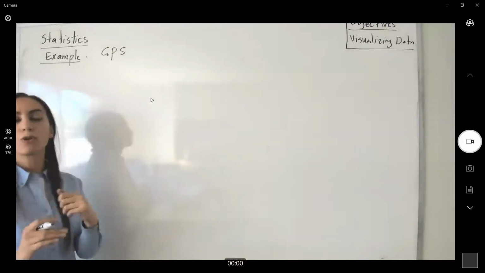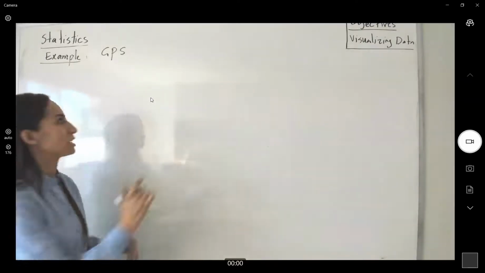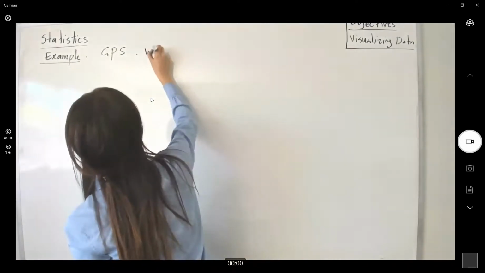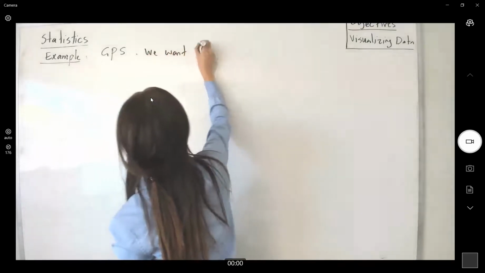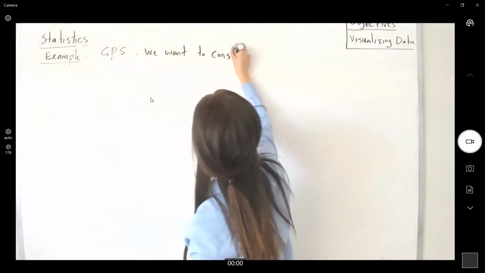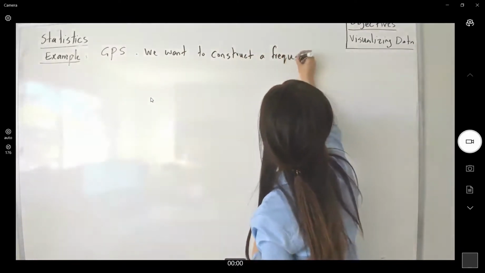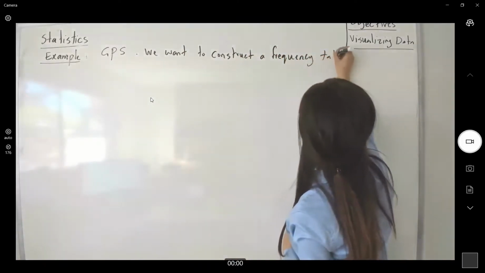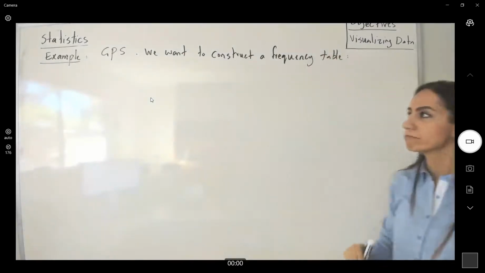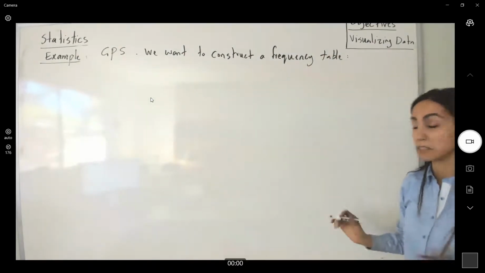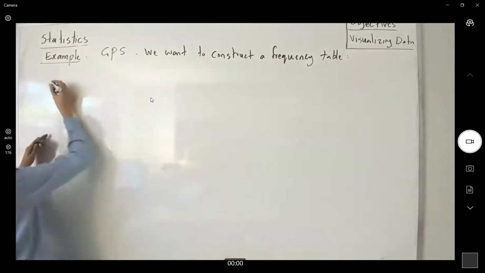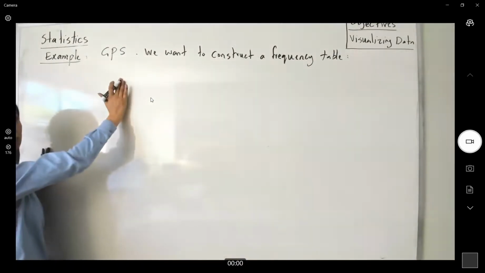Okay, awesome. So our goal is to construct a frequency table. It is a table, and we know that we need classes or bins.